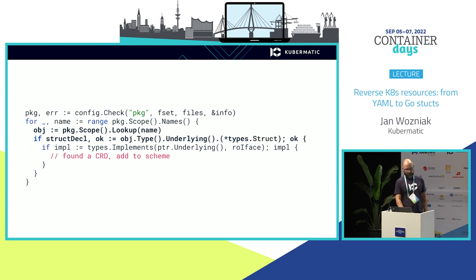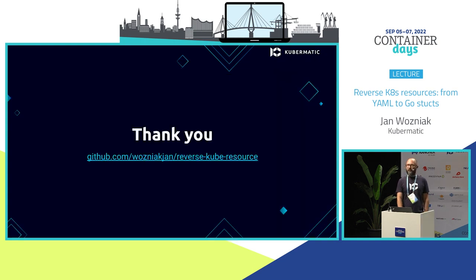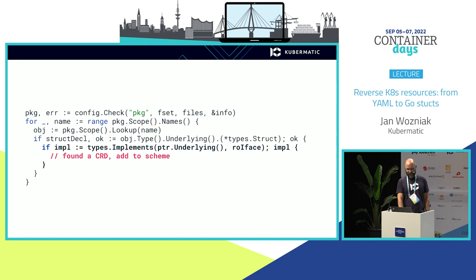And if it is a type of a struct, then we check if it implements the runtime object interface. And if it does, we found a CRD, and we know how to register it into schema. And that is it. You run the previous algorithm exactly the same way. Your CRDs are registered in a schema, and you get the valid output, and you get the Go file.